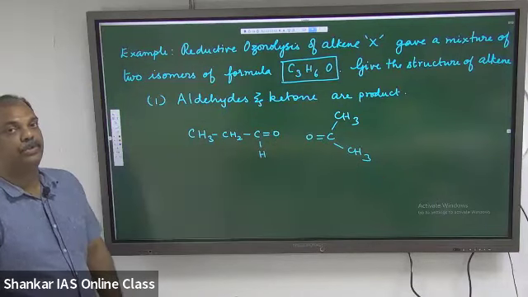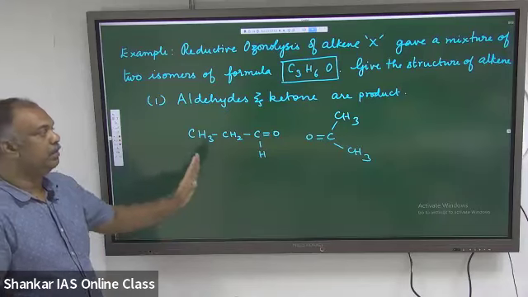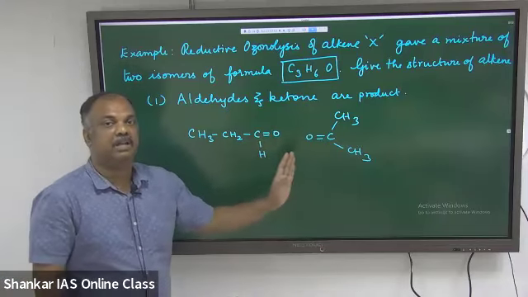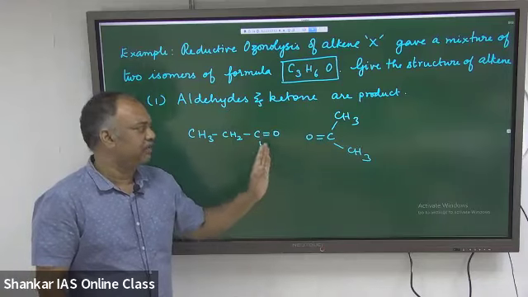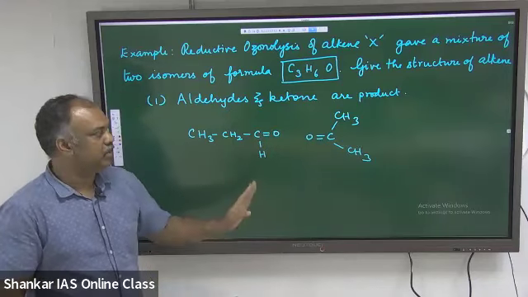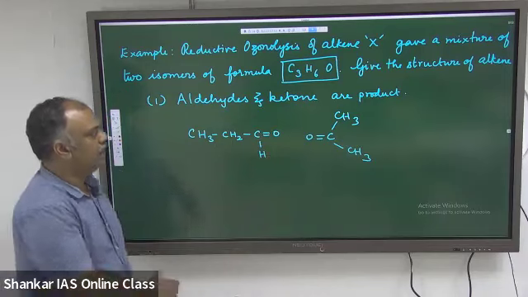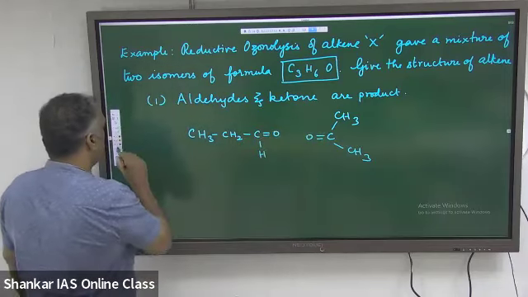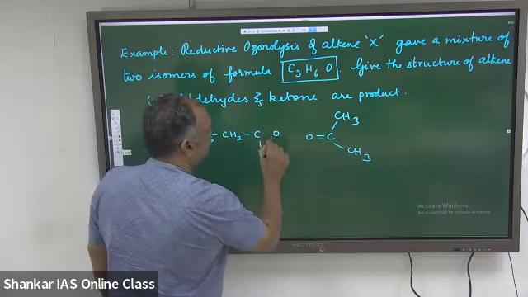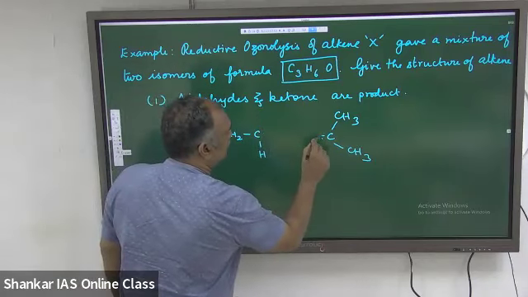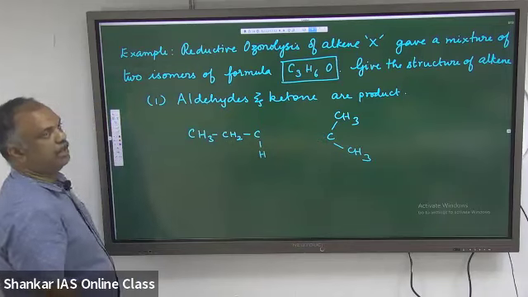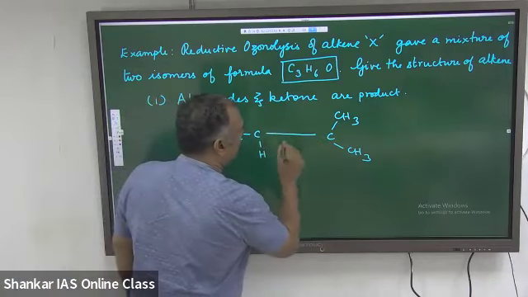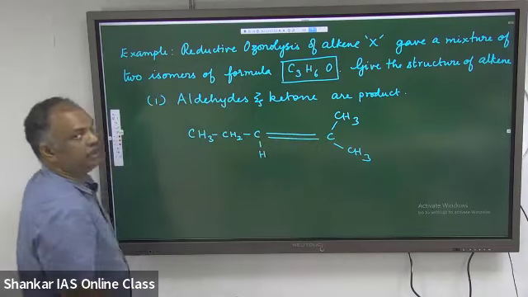Now, you have to write both the molecules in such a way that the carbonyl groups are nearby. So I have written. Next step, I should remove the carbonyl oxygens. Then I should introduce a double bond between them.